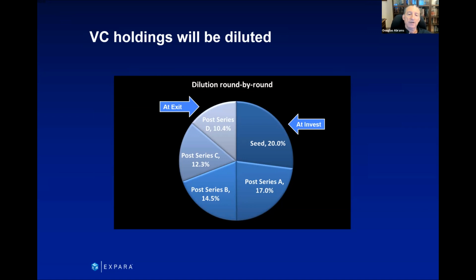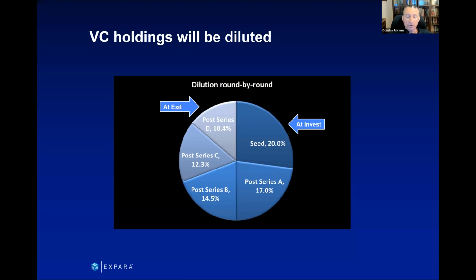And where does that leave us? That leaves us with the seed investor at exit holding 10.4%, which is almost exactly 50% of their initial holding. So this is how you see seed stage investors getting diluted by 50%.